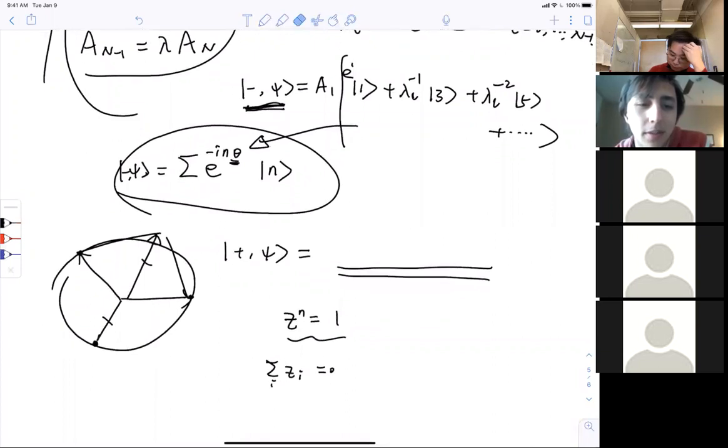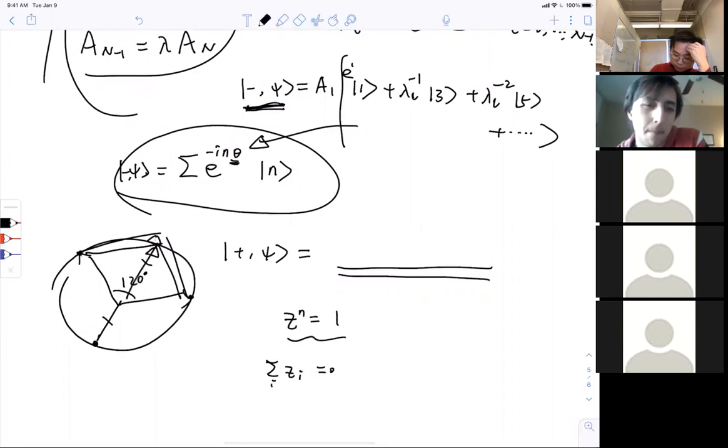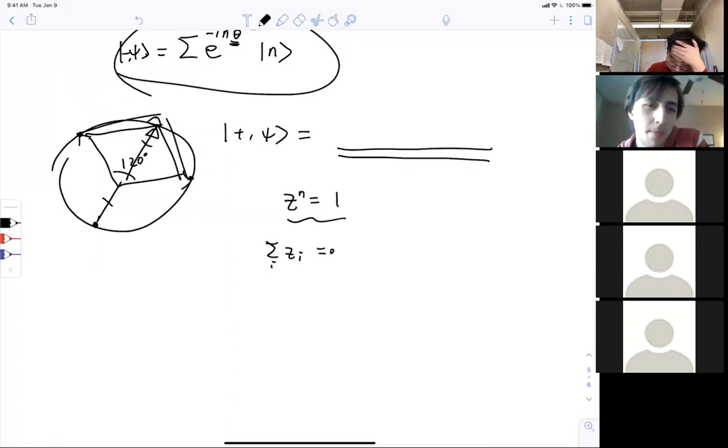Will it? No. If this angle is 120 degrees, then it's not. It's the same, if I remember correctly. So this is okay.